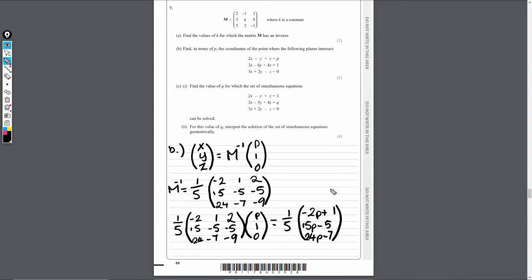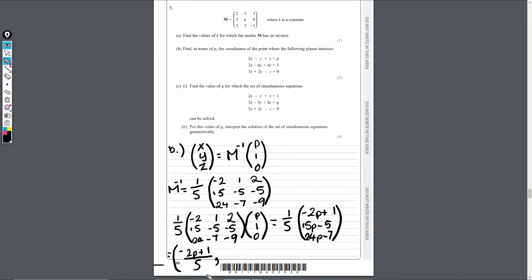So all we have to do now is times it by 1/5, I'll divide it by 5. So what I'm going to do is I'm just going to write them underneath. We should have enough room, I hope. So what this is going to give is minus 2P plus 1 divided by 5. And remember, write this as coordinates now.